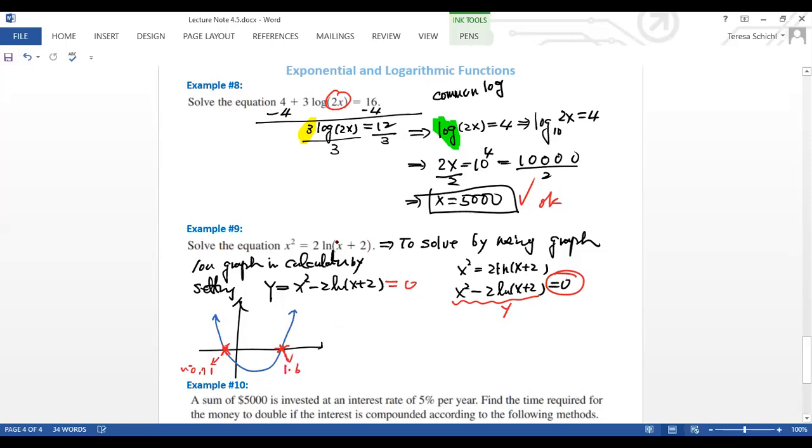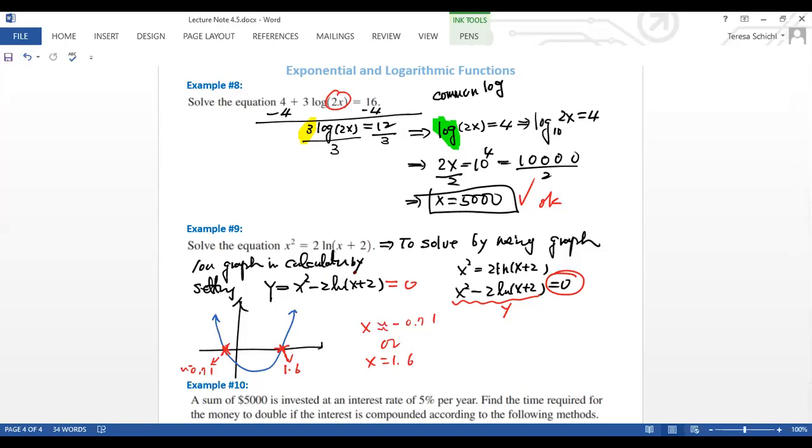So you plug in both here, it works fine. So the solution is x equal to negative 0.71 or x equal to 1.6. This is how you use the graphing calculator to help you solve. Sometimes the equations get more complicated, okay?